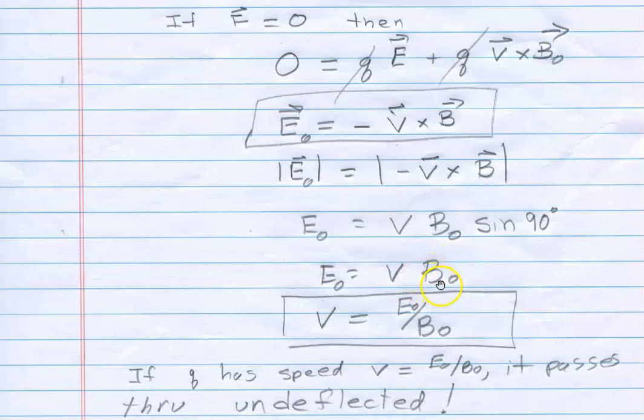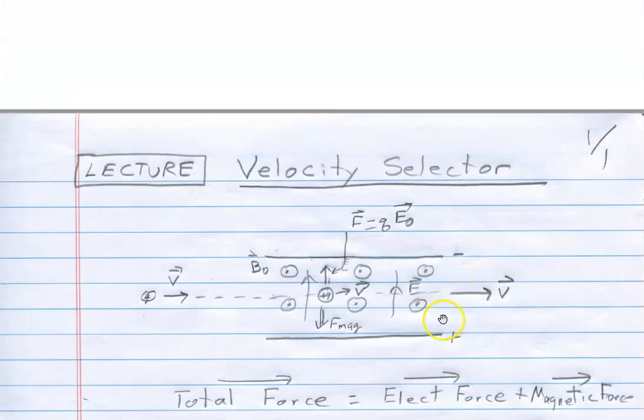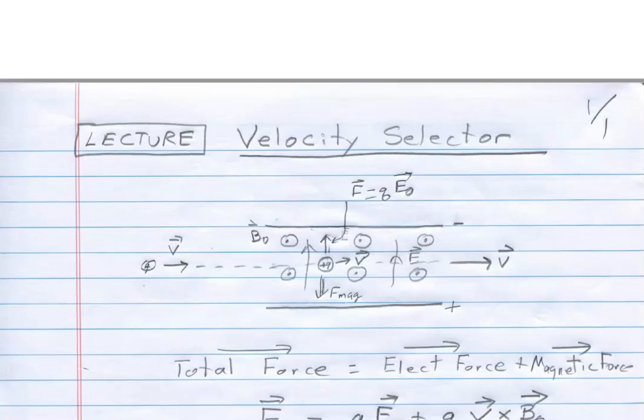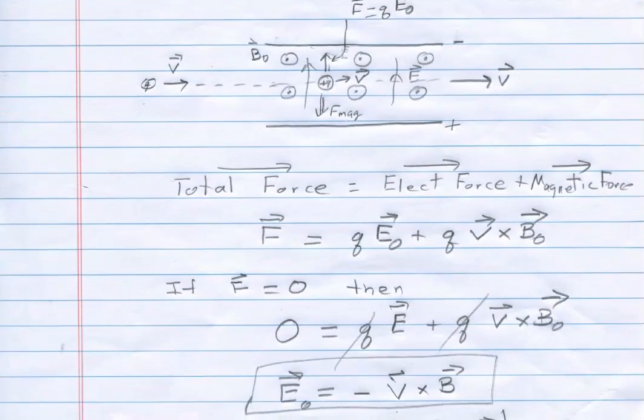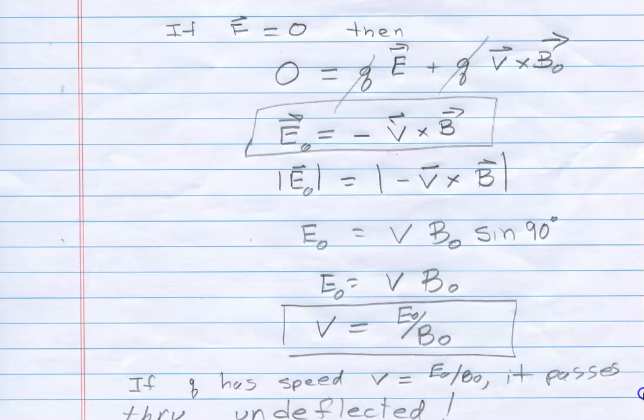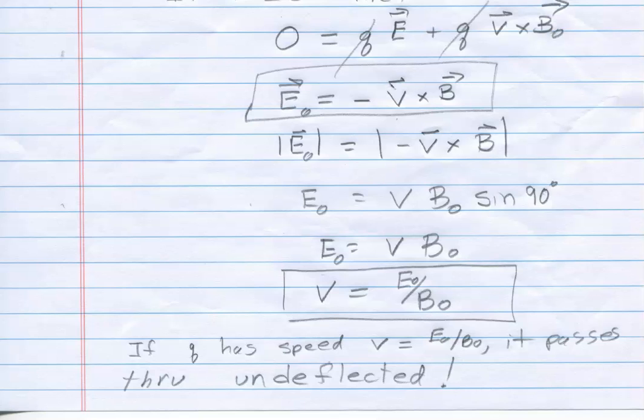Usually you have the magnetic field fixed, and you change the E naught by simply changing the potential difference across these two plates. That increases the strength, and that gets you different velocities. But in any event, the speed that is selected in the velocity selector is E naught over B naught.